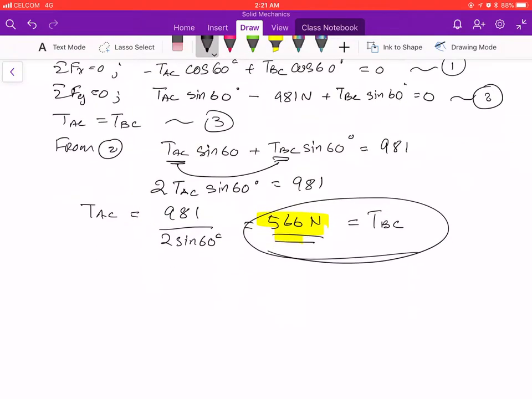Now, if I know the force, which is 566 Newton acting on this particular cable, if I cut this, I will have my axial stress, which equals P over A, where A is the cross section of the cable.